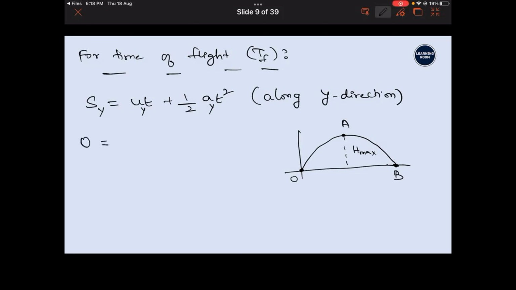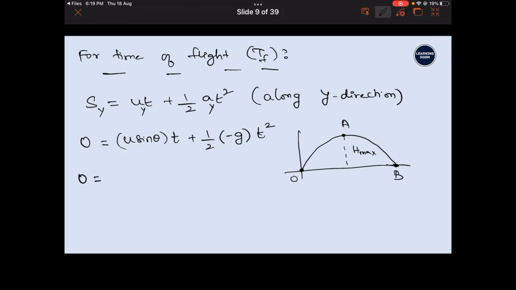So this is 0 is equal to uy, which is u sin theta, that's what the table says, into t plus half into acceleration of the particle along y direction, which is again minus g, into t square. Am I clear with this? So first listen, then you can write it.